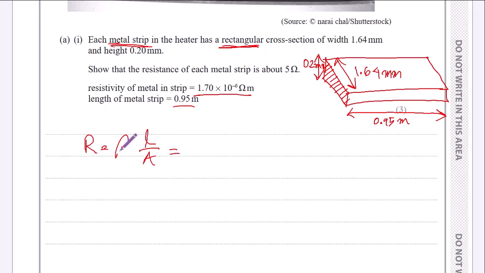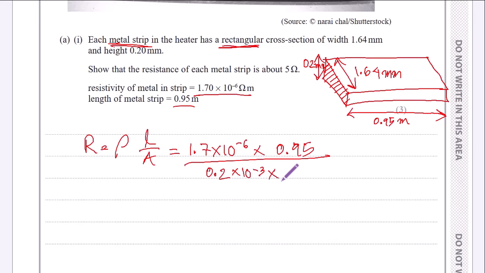And when you plug in the values, rho is 1.7 times 10 to the power minus 6. Rho L is 0.95 divided by area, which would be 0.2 millimeter to meter, times 10 to the power minus 3, times the width 1.64. Again, millimeter to meter is times 10 to the power minus 3.